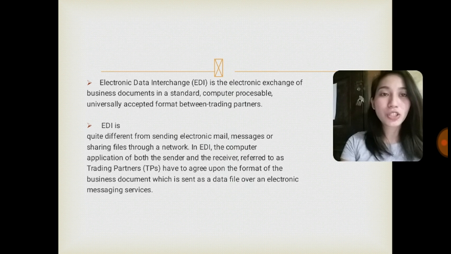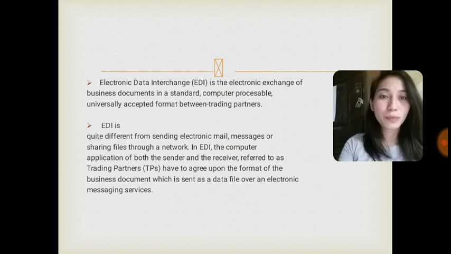Electronic data interchange, or EDI, is the electronic exchange of business documents in a standard, computer-processable, universally accepted format between trading partners. EDI is quite different from sending electronic mail messages or sharing files through a network.